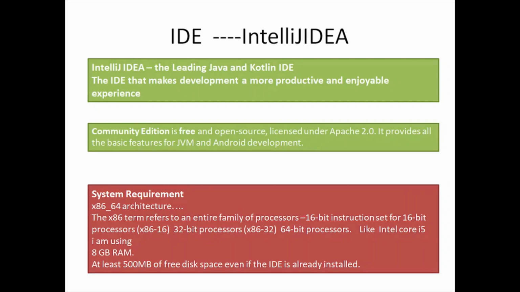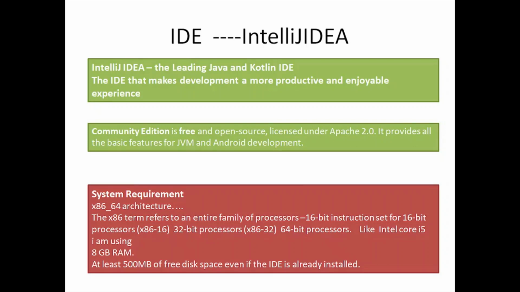This is Community Edition. When you have decided to use this IntelliJ IDEA, you must ensure the basic requirements of your system. It should be x86_64 architecture. You may say 64-bit architecture or a 64-bit processor.